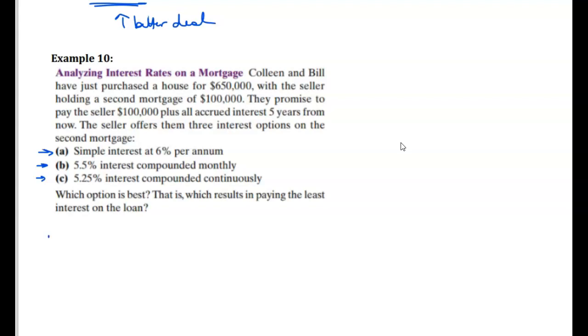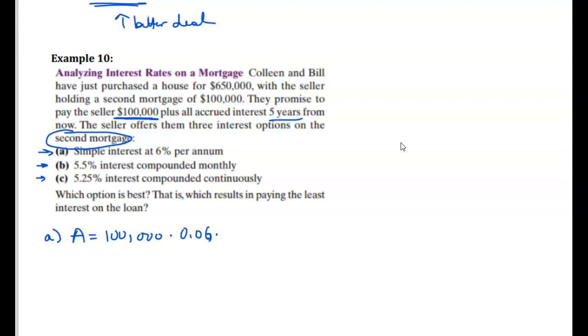Okay, so let's look at A. So the loan we're looking at, the second mortgage, right? So the loan they're taking on the second mortgage is $100,000. So the amount is the principal of $100,000. Simple interest means you take the amount and you multiply by the interest rate and then times the time, which is 5 years.